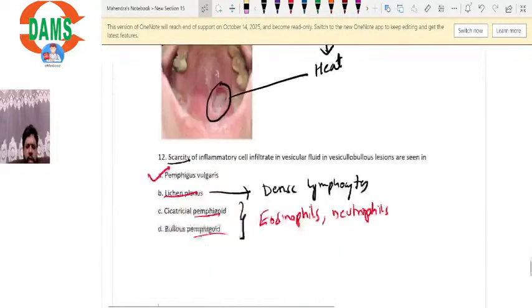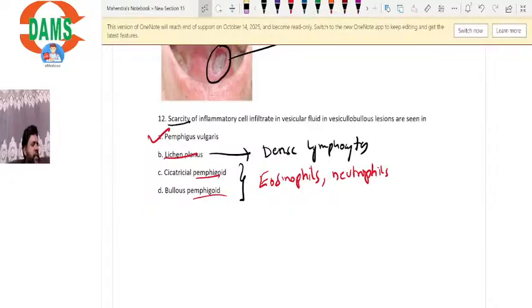Yes, I'll just discuss the last question. Scarcity of inflammatory cell infiltrate in vesicular fluid in vesiculobullous lesions. They have given 4 options and are asking in which option inflammatory cells are less. Lichen planus I will rule out, since dense lymphocytes are seen.